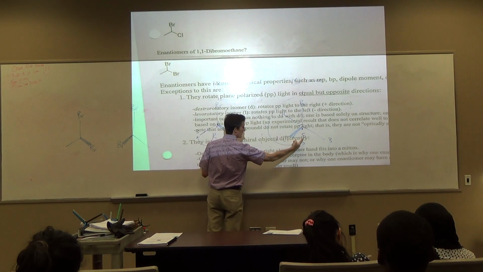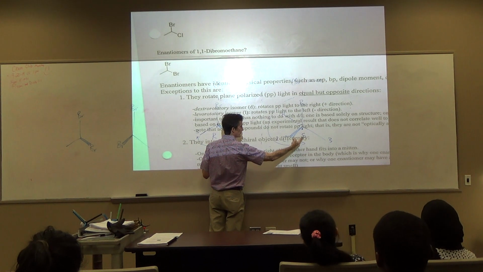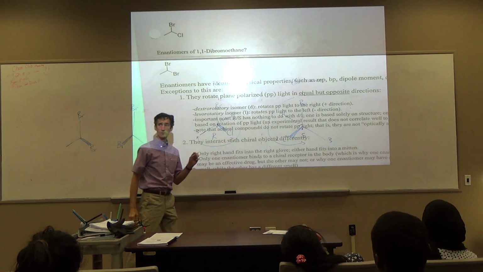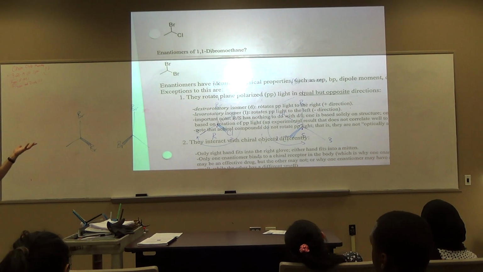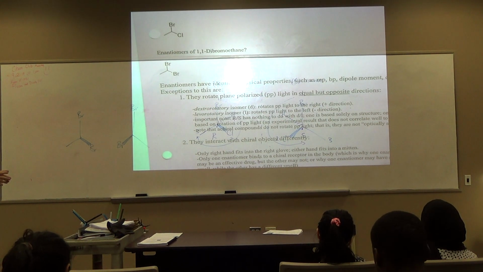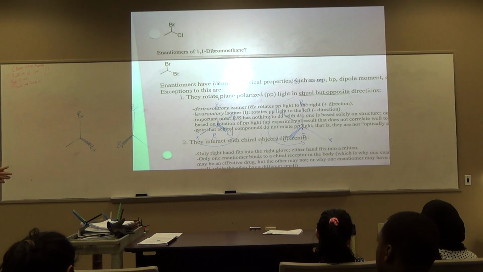Look at these two here. One of these rotates light one way and one rotates light the other. So one is D and one is L. But I don't know which is which, and I can't tell you because I don't have the data from the lab. But I know one is D and one is L, because that's what enantiomers do. Enantiomers rotate PP light. I don't know which is which.